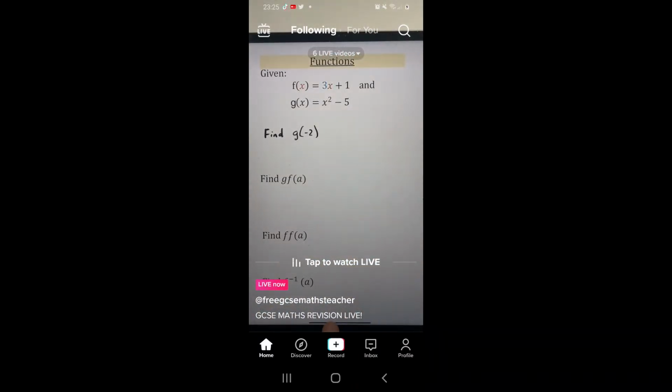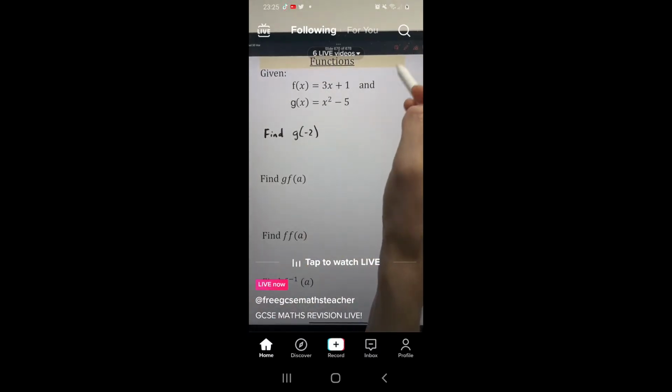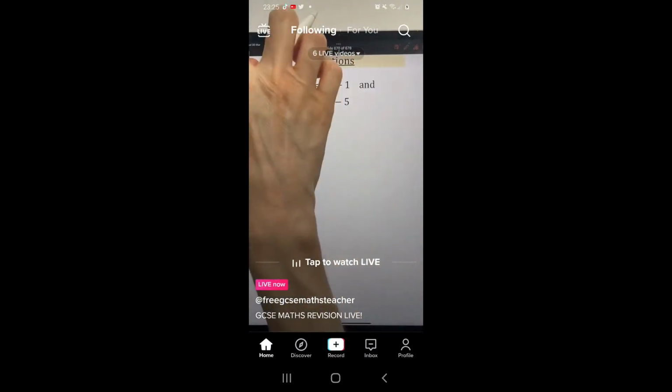So you've got 4 questions. I'll give you a chance first of all. I think my iPad stopped working as well. Have a go at it. 1 mark: find g of -2, please. 2 marks: find gf of a. Question 3, 2 marks: find ff of a. Question 4, 2 marks.